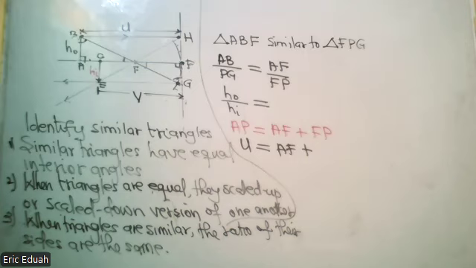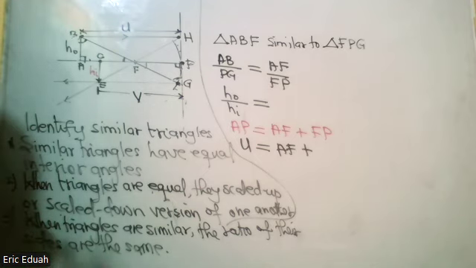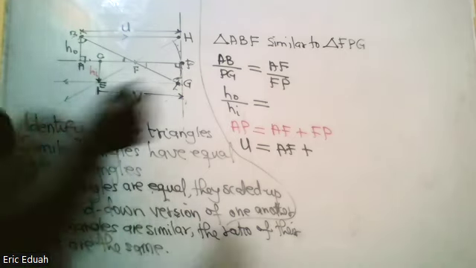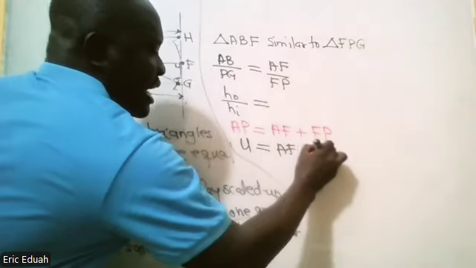Oh, it is clear. FP is the distance from the principal focus to the pole. So what is FP or PF? You are thinking far. FP is the focal length, small letter f.